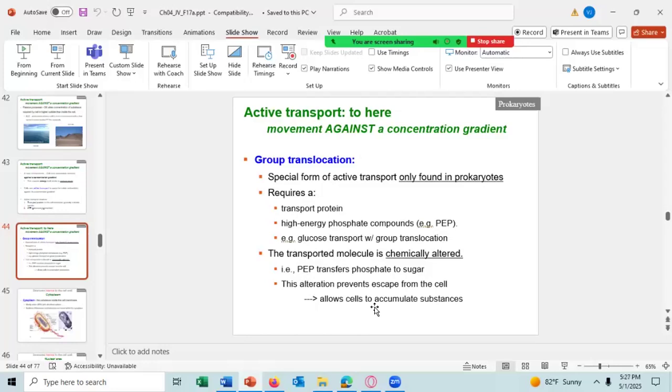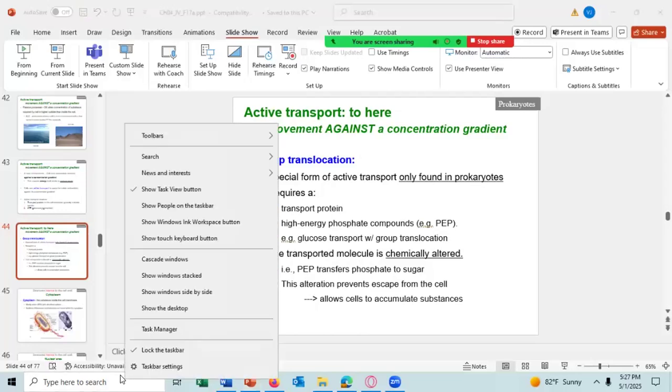It's thought that the phosphate moving on to glucose actually helps the glucose be pumped into the cell and then helps the cell hold on to the glucose so the glucose molecule does not escape the cell, allowing for the accumulation of more glucose inside the cell easier than if the cell was simply using active transport to move the glucose into the cell.